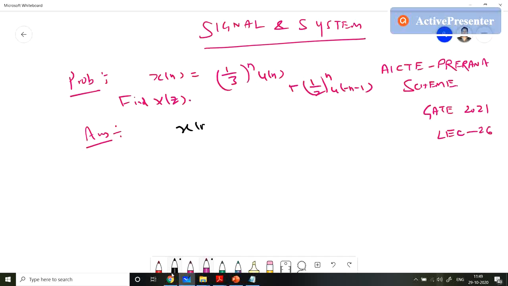So x[n] is given, so we can write x[n] as x1[n] plus x2[n]. What is x1[n]? x1[n] is (1/3)^n u[n].